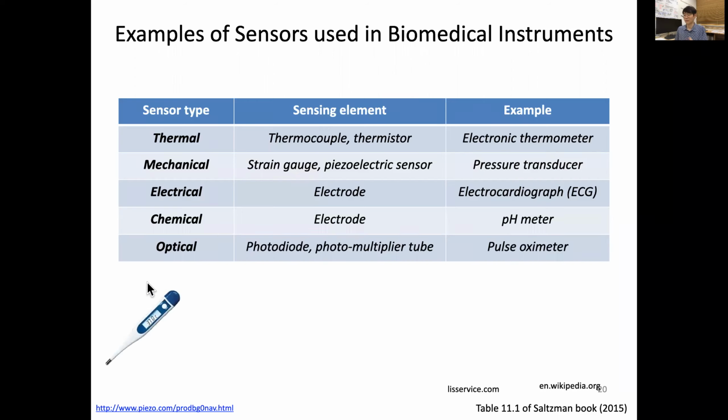Let me give an example of an electronic thermometer, which measures our body temperature. And second, as a mechanical sensor, those sensing elements could involve a strain gauge, which I will discuss further, or a piezoelectric sensor. So piezoelectric is a kind of sensor where a displacement or pressure can give rise to a voltage.